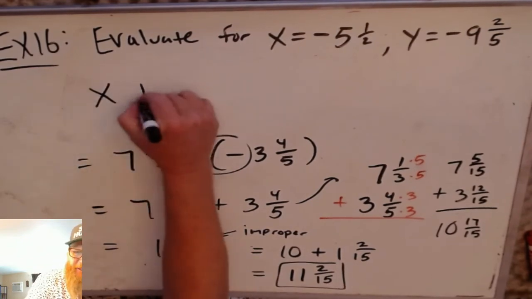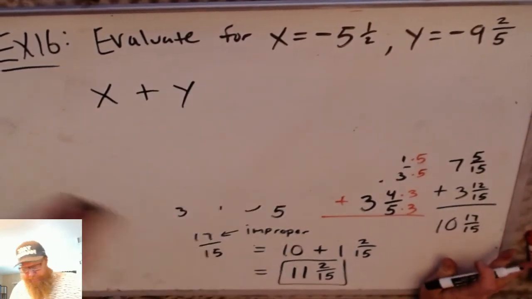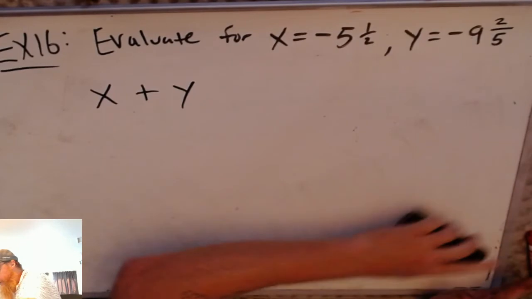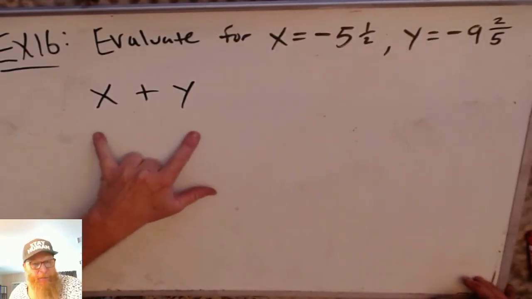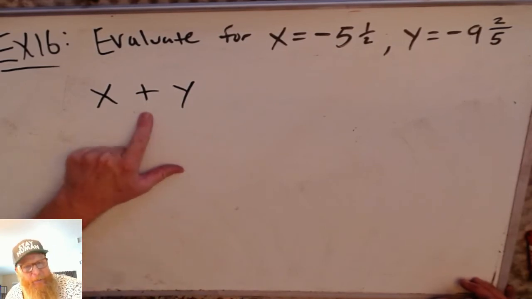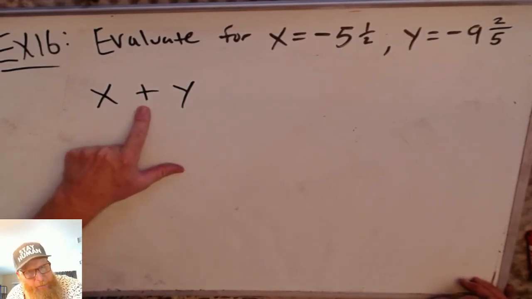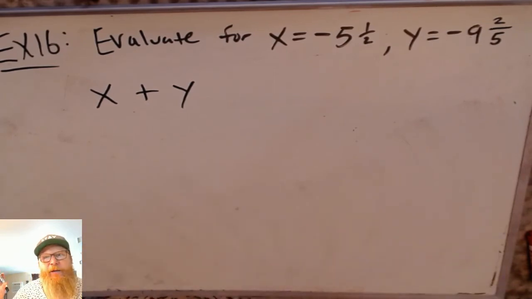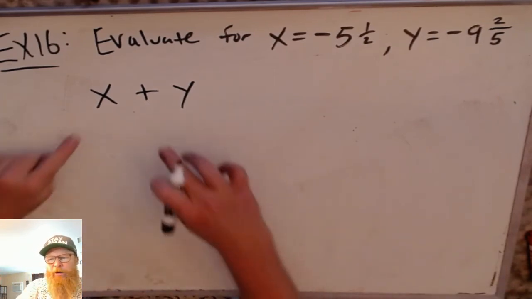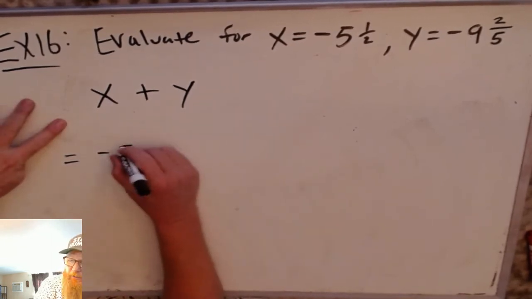And this time the expression is x plus y. Now again, you should still be careful, but you can be a little bit less careful because this is an addition problem. So you don't have to worry about a double negative type of thing here. All right. We are adding two negative numbers.